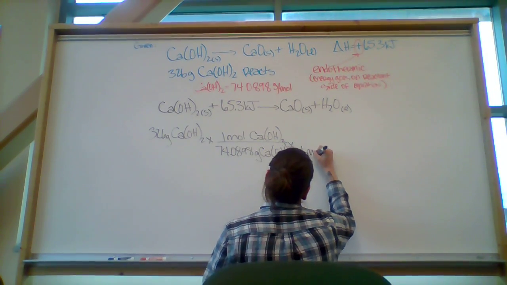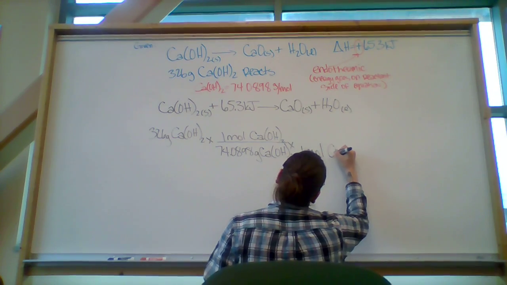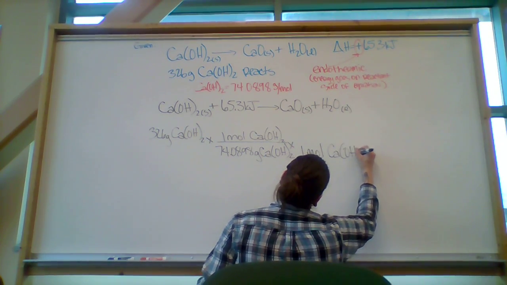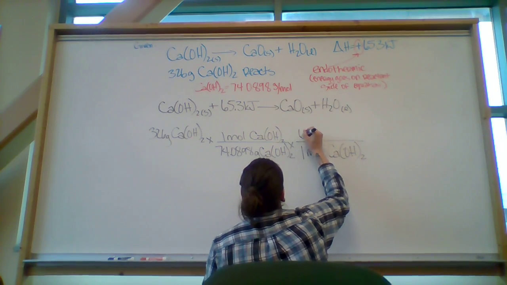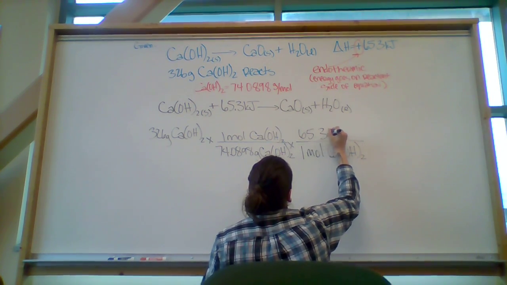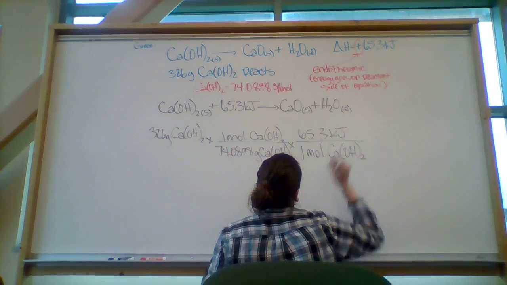So 1 mole of calcium hydroxide will give us 65.3 kilojoules.